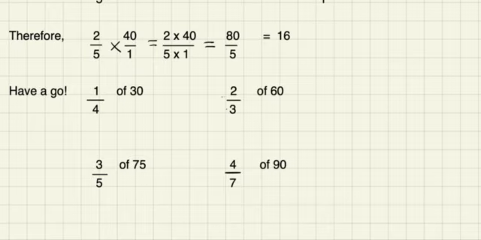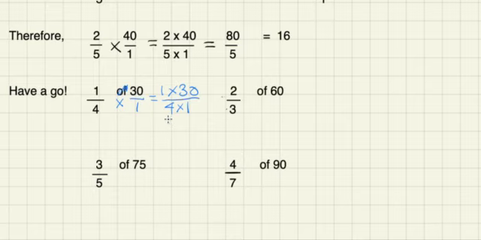So hopefully you've had a go at this. All you need to do is to apply this principle. So another way of writing 30 is 30 over 1. And then we get rid of that and we put multiplication. So this equals 1 times 30 over 4 times 1.